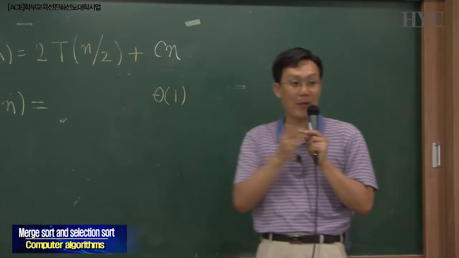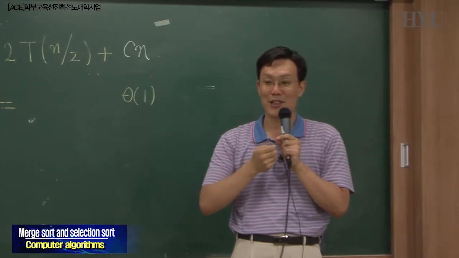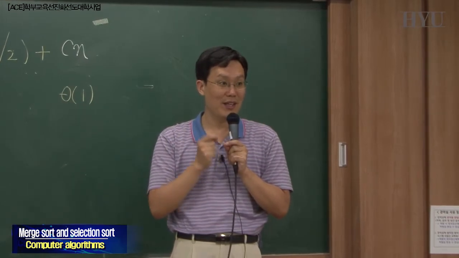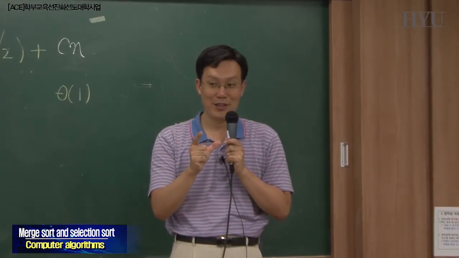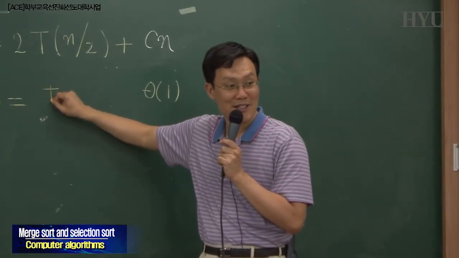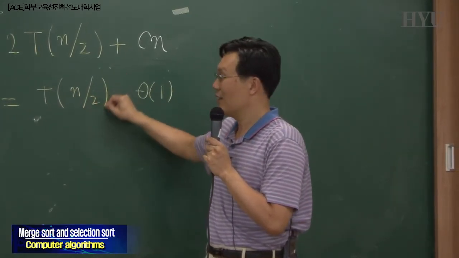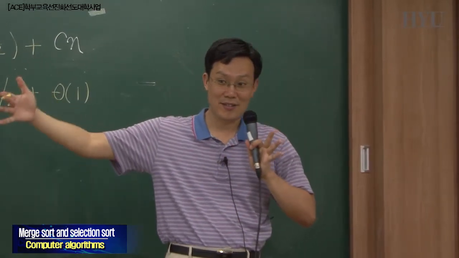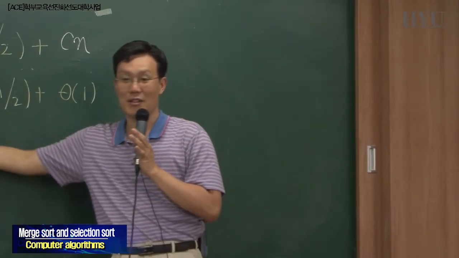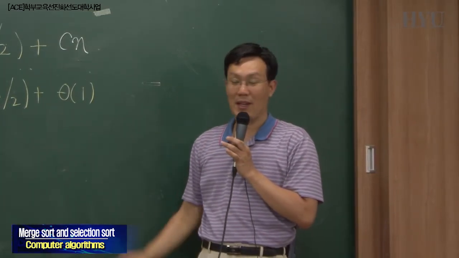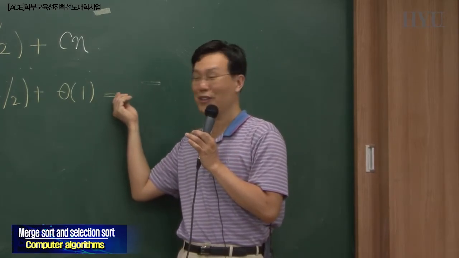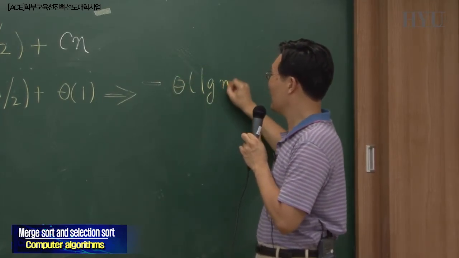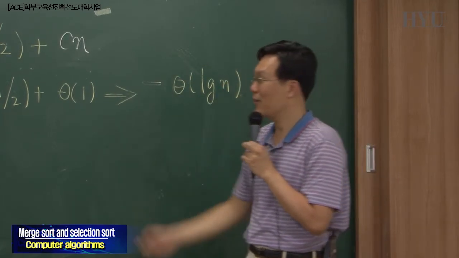I mean, comparing the guess and the hidden number. Okay? Then after the comparison, the problem size is halved. Okay? So you can get this, and a simple calculation leads to theta of log n from this recurrence.